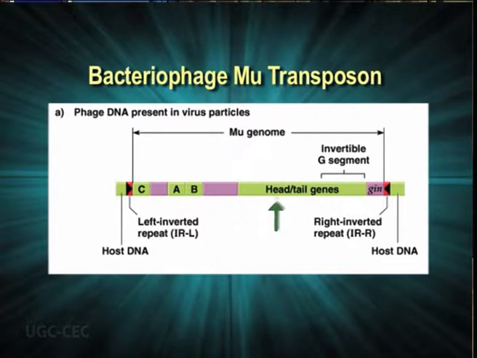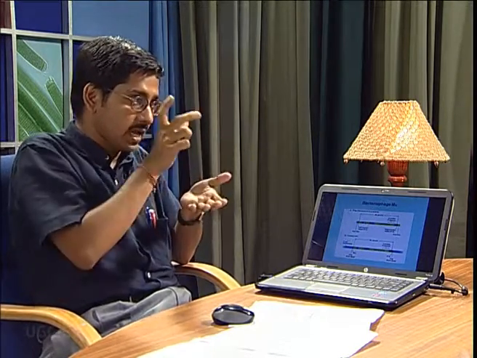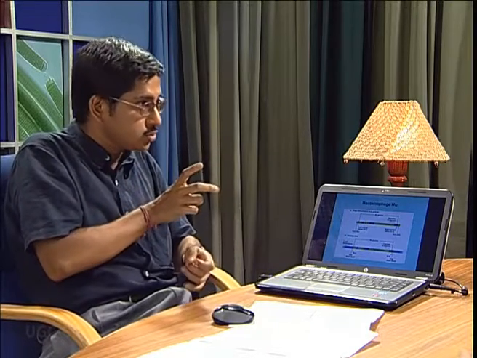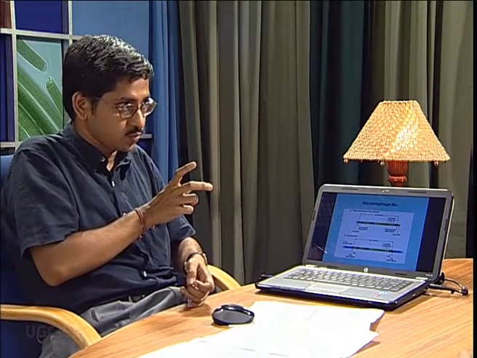So, this is the head, there's a tail, and this is the total Mu genome. Particular stretches of the Mu genome are cut from the phage and get incorporated into the bacterial chromosome. And again, it can shuttle around, and people can use it as a vector for moving different bacterial genes or large chunks of DNA using Bacteriophage Mu.